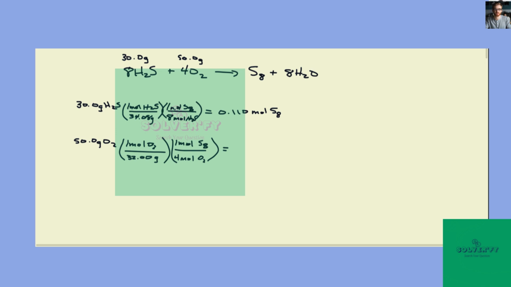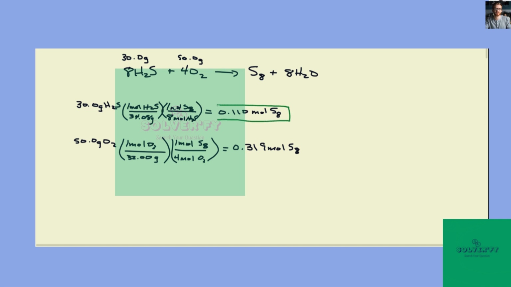We still have 3 significant figures for our answer. And when we do the math, we get 0.391 moles of S8. So since it's a limiting reactant, we have to choose the smaller value.